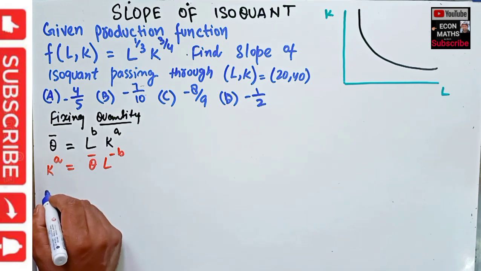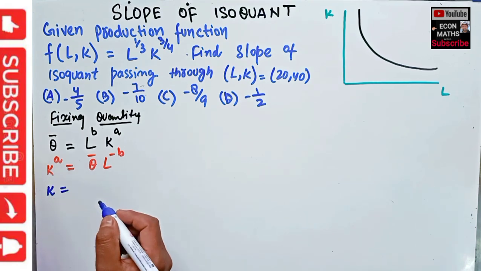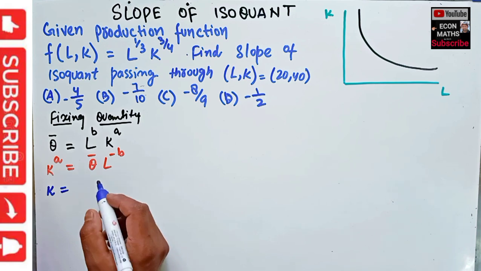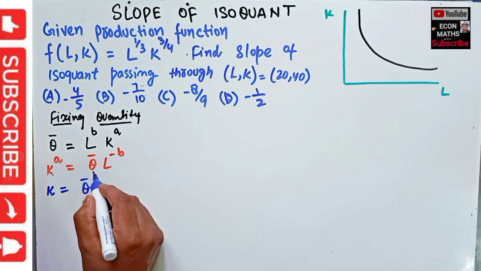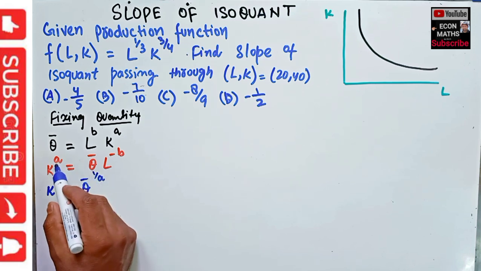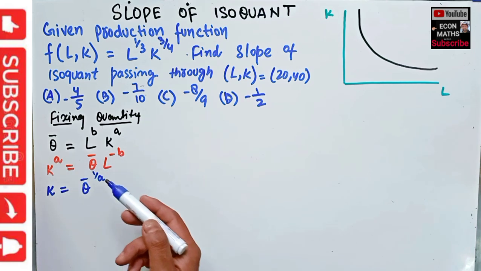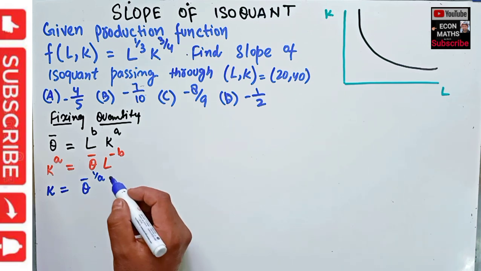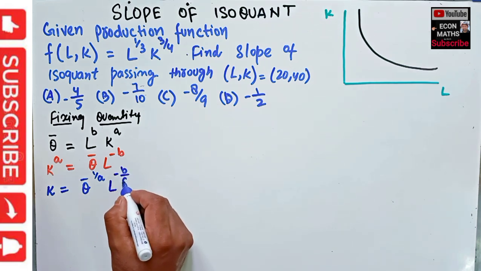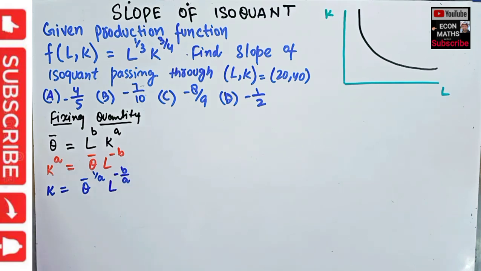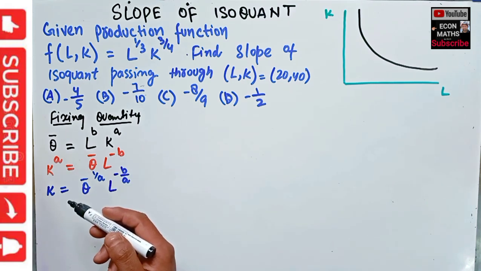This implies K will be equal to q bar raised to the power 1/a. When the exponent is transposed, it gets reciprocated, and we have L to the power minus b upon a. So this is our K.